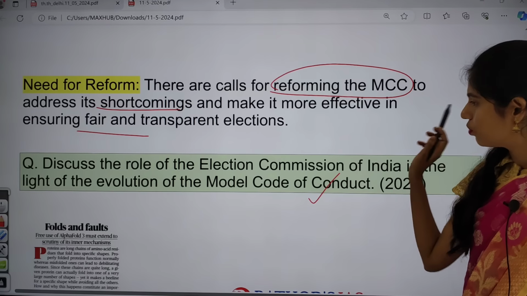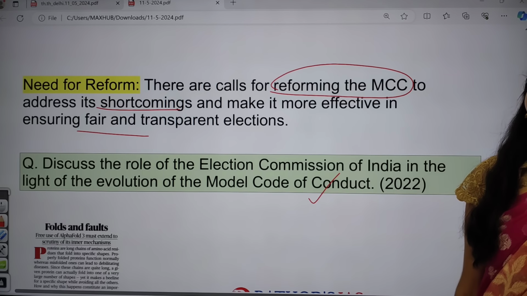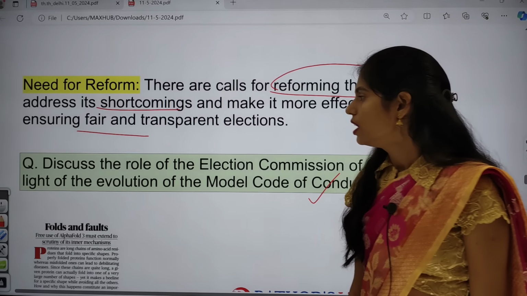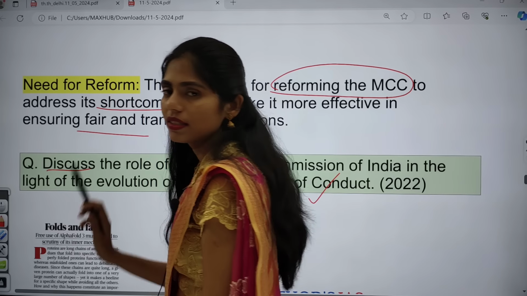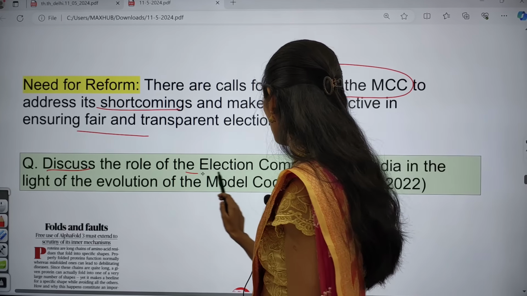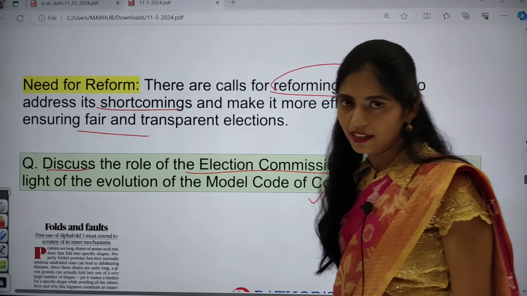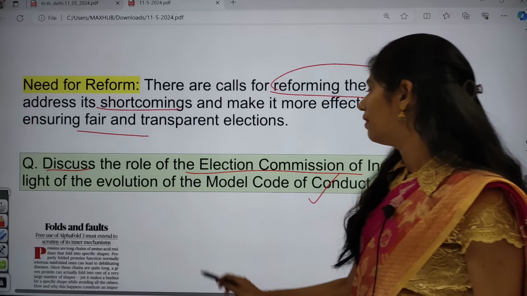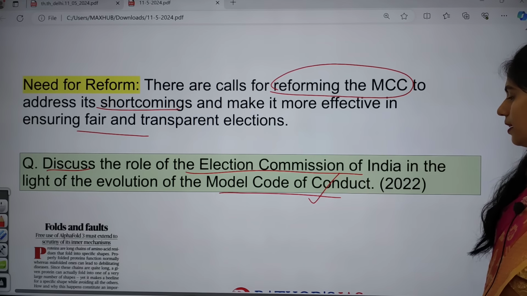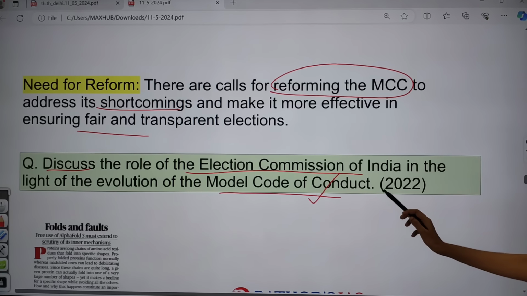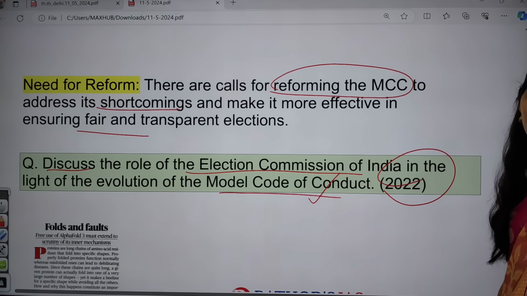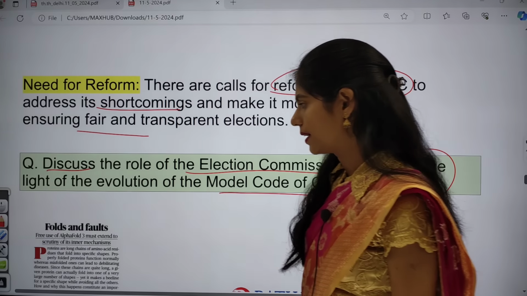Now let us see the mains question. I want to give you one question. The question is: discuss the role of the Election Commission of India in the light of the evolution of the model code of conduct, which appeared in 2022. Try to write an answer for this question, don't forget.